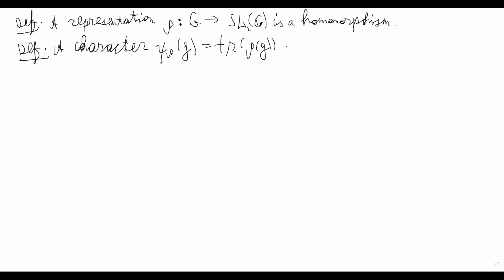If we have a group, we take its generators and look at their images, and this gives us the information about the whole representation. This is what we really need. But of course, there are some thin things there.